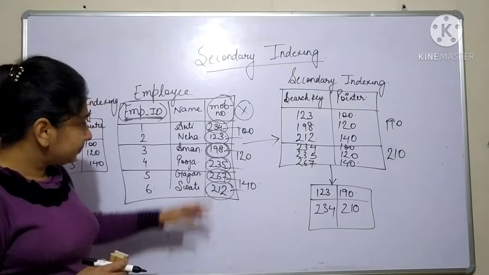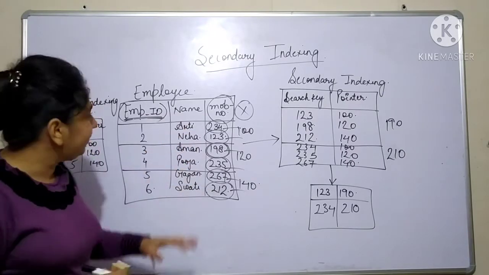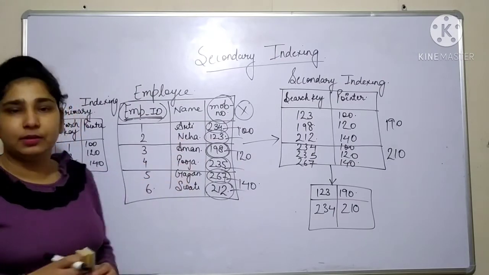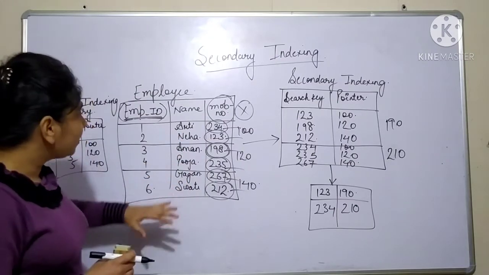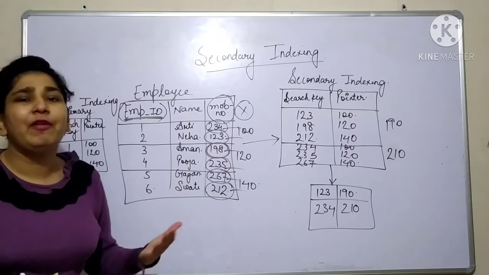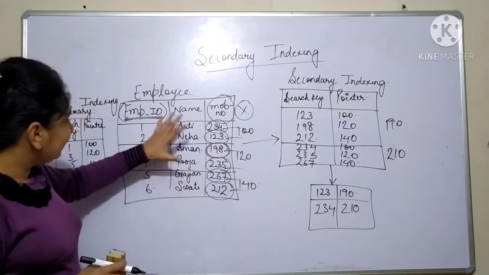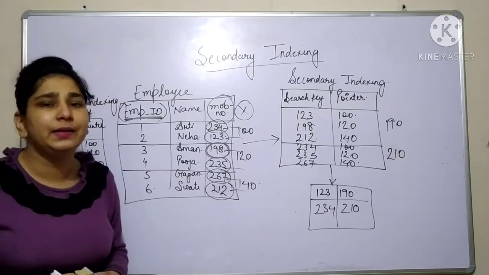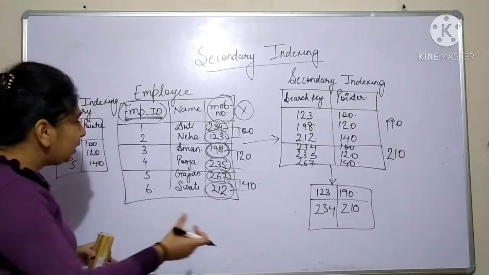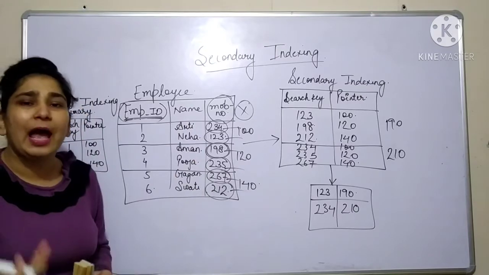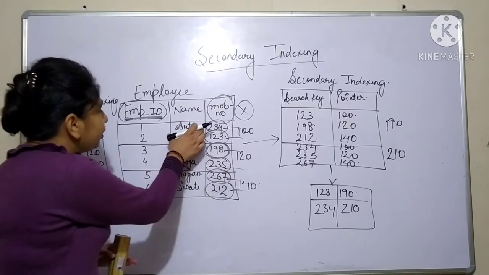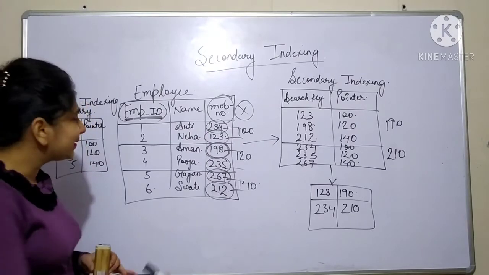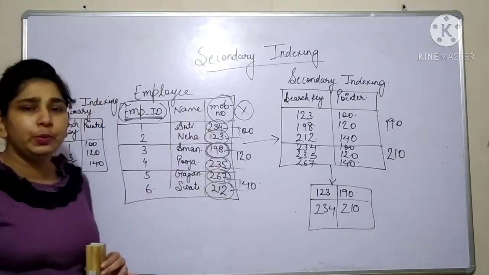We have divided this relation into 3 blocks, because our hard disk is divided into blocks, and this complete relation is also stored in the hard disk. One block is capable of holding only 2 records.